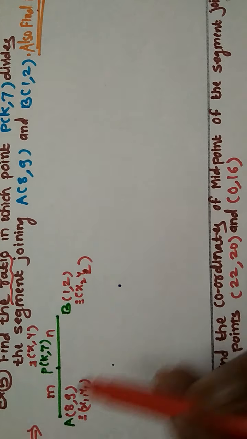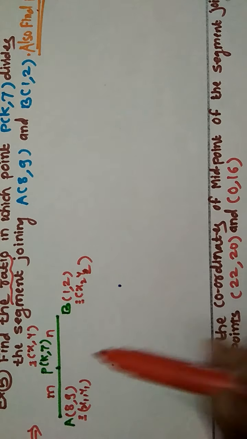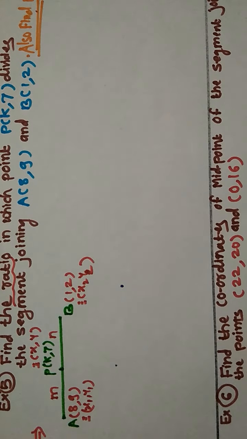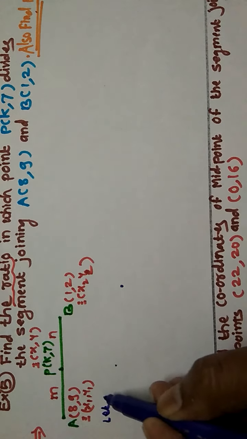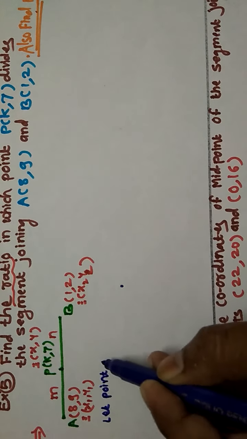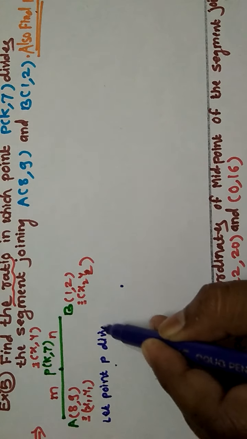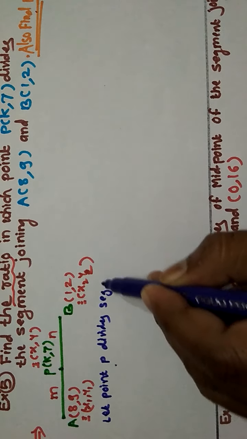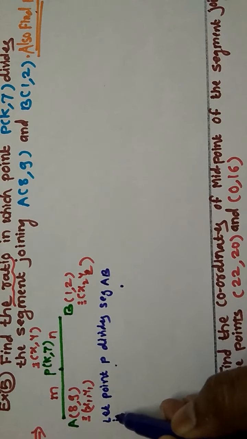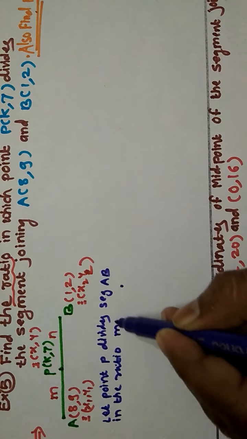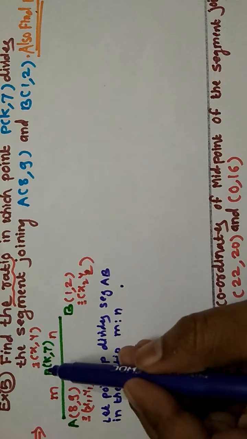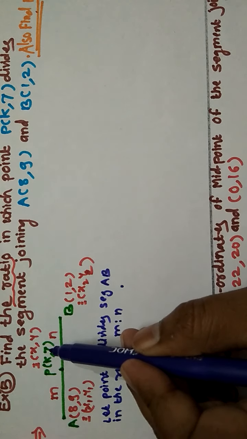First we note this notation, then write down: let point P divide segment AB in the ratio m/n. Now see here, (k, 7) means the y coordinate is given.